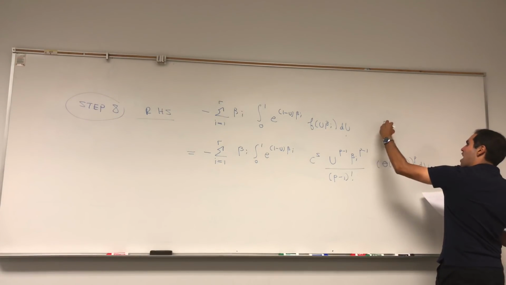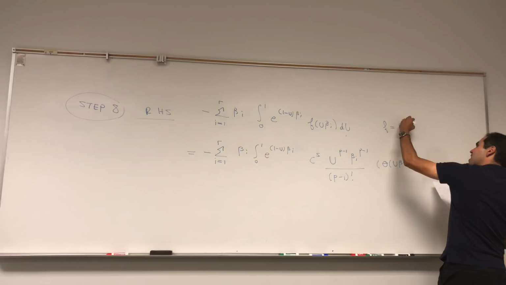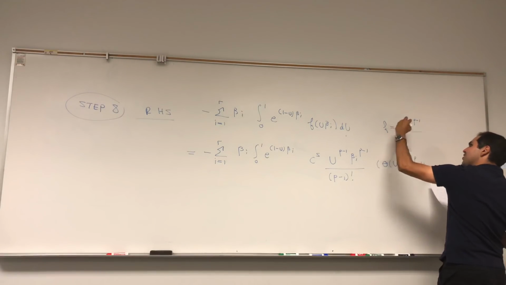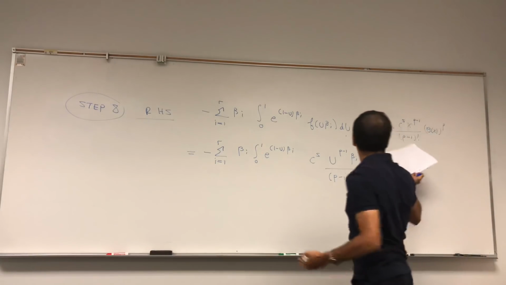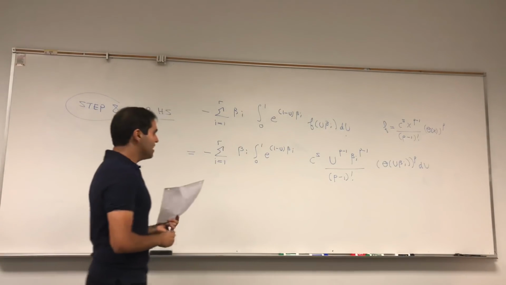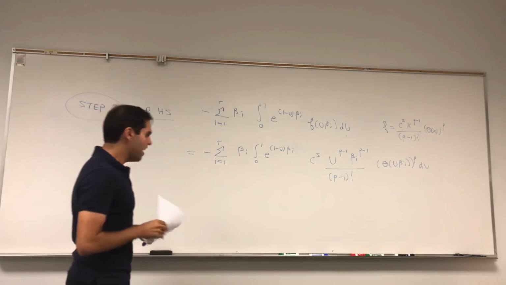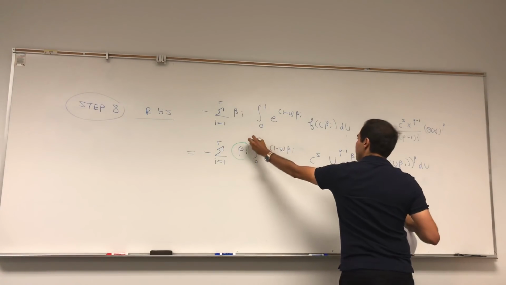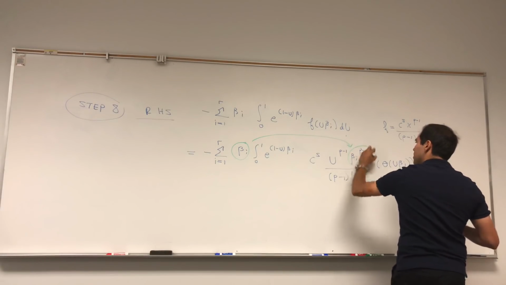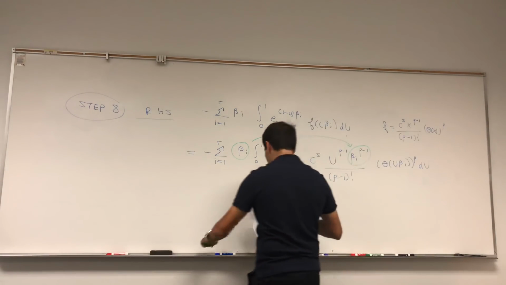Again, f is just c to the s x to the p minus 1 over p minus 1 factorial, theta of x to the p. So just use f of u beta i. And the nice thing is, those beta i's fuse together, so this comes in here to become beta i to the p.